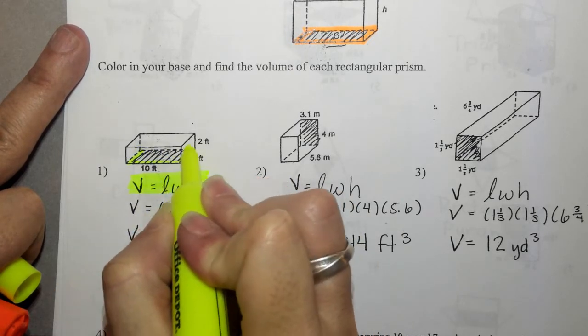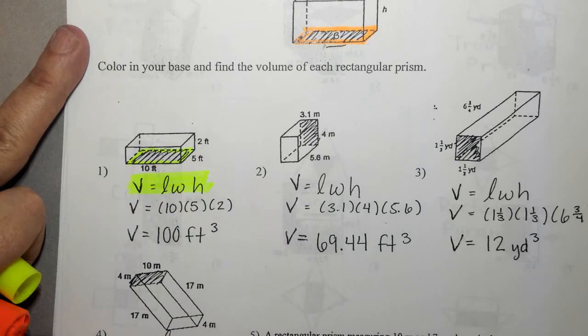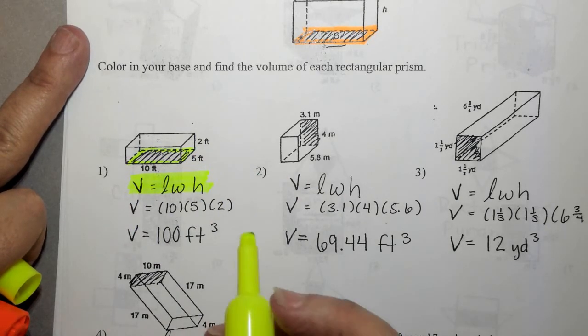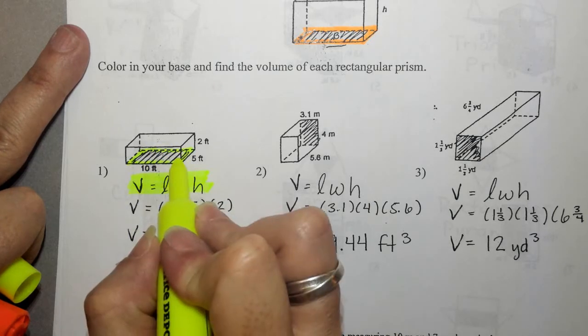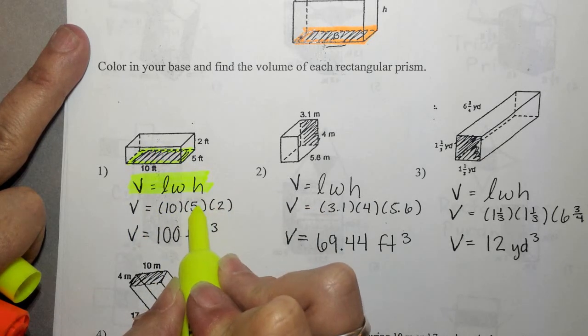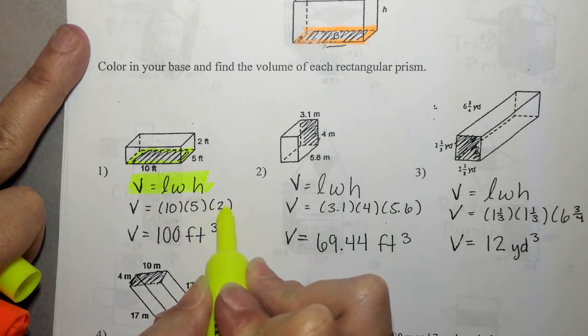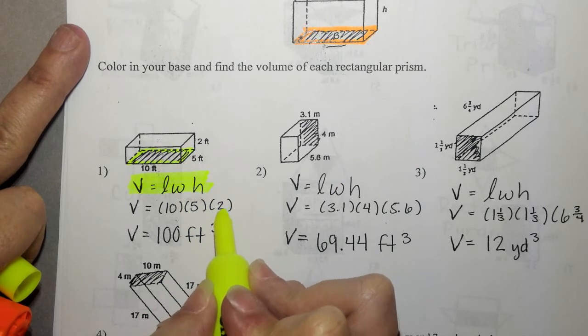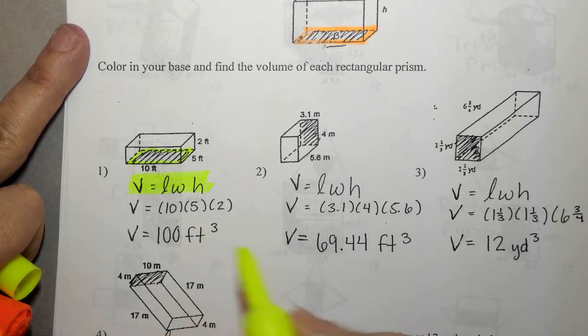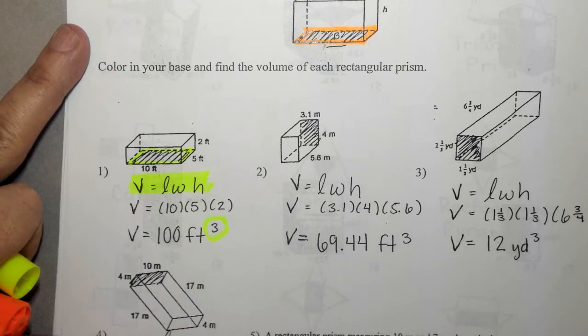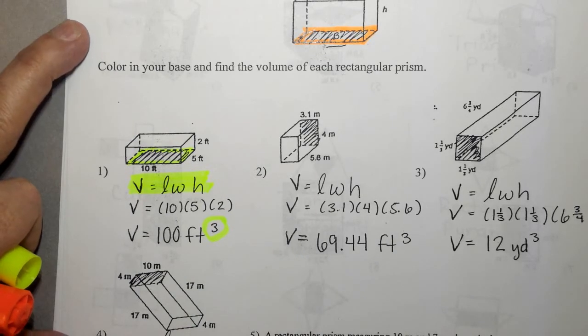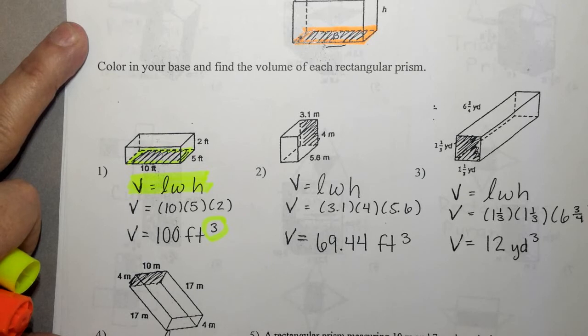This is the whole thing that shape is going to be based on, which is a rectangle, okay? So, length is 10. Width is 5. Then they did times the height is 2. Formula for volume is always to the third power because you're multiplying 3 numbers. Length times width times height. Okay. So we kept going.